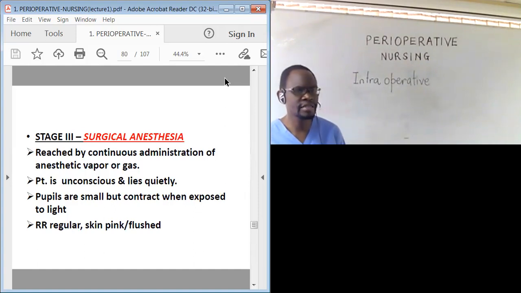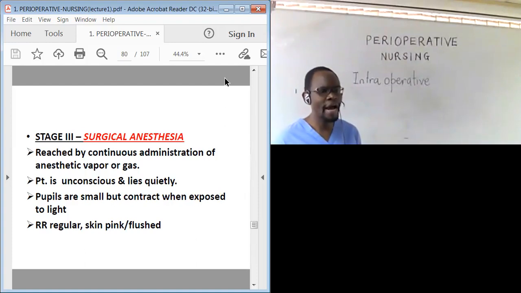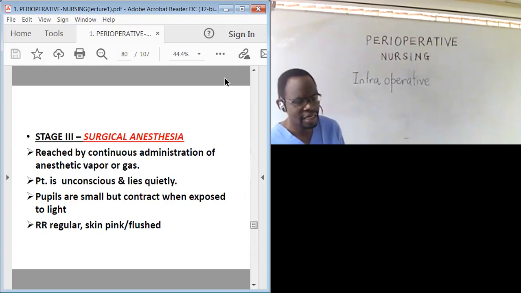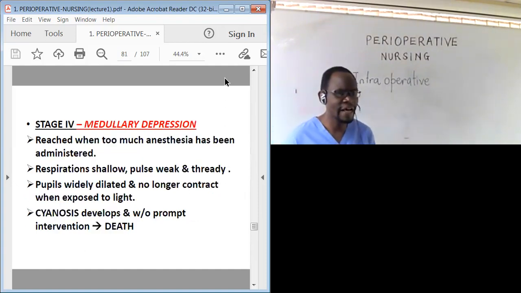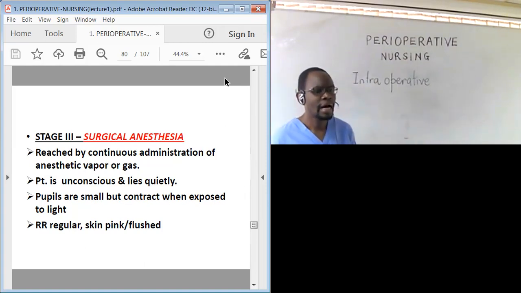The patient is unconscious and lies quietly. Pupils are small, but may contract when exposed to light. The respiratory rate is usually regular, and the skin is usually pink and flushed. This is the stage at which surgery should go on.